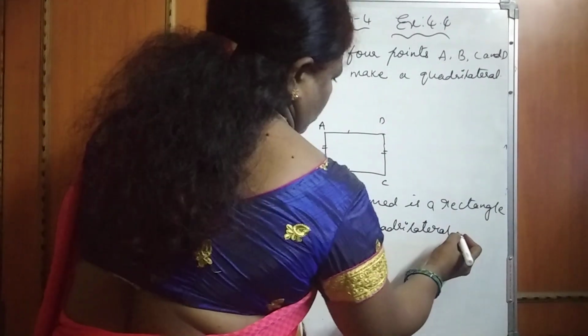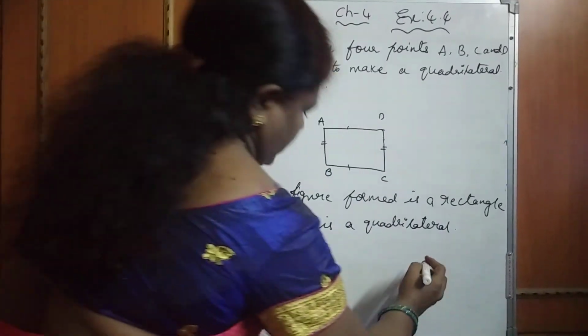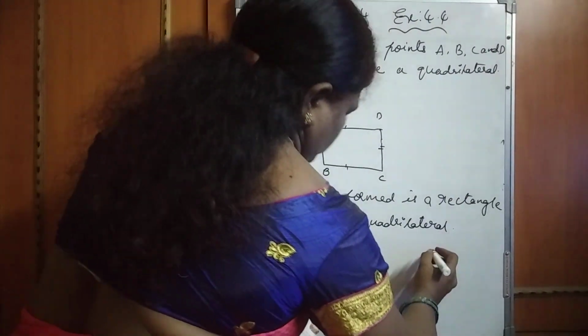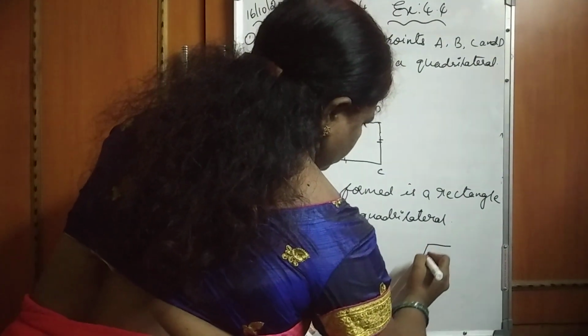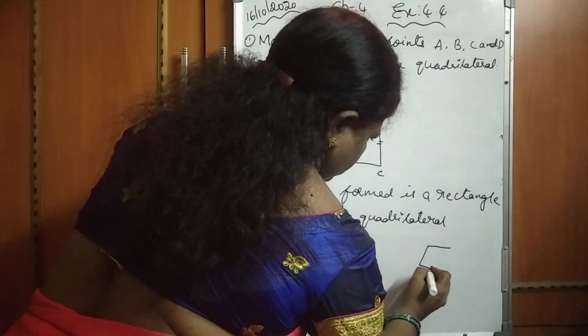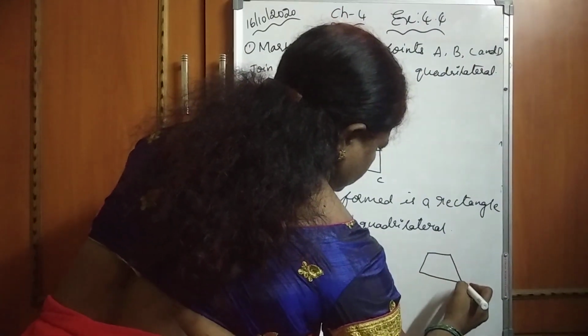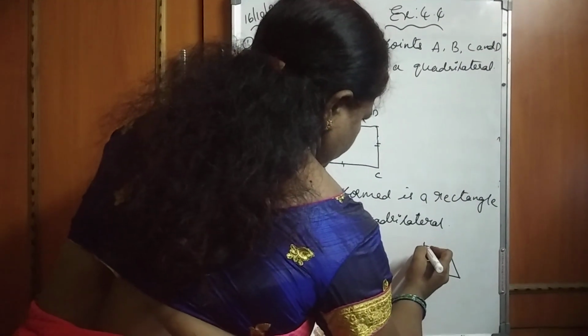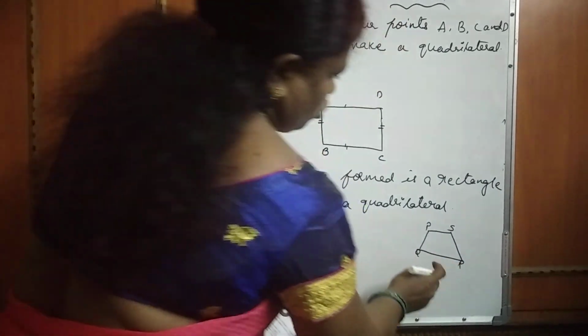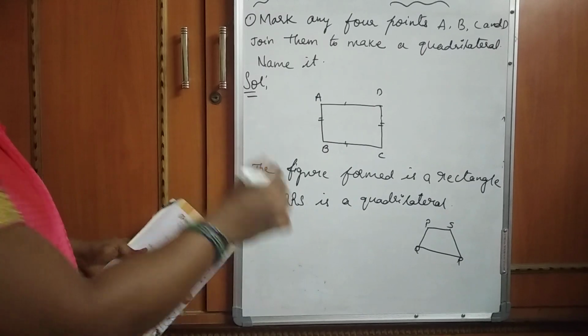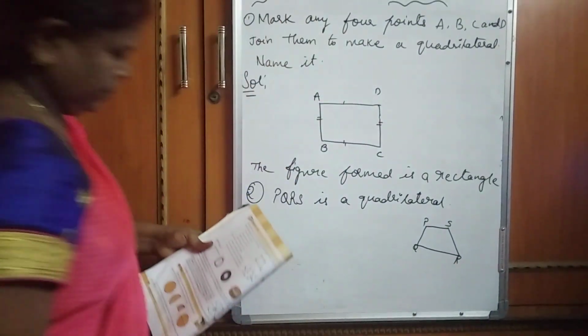PQRS is a quadrilateral. So this is the quadrilateral given. We have to answer the questions, children.